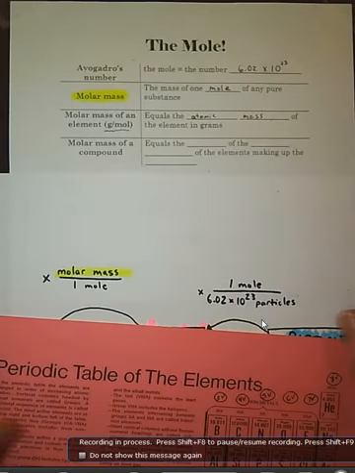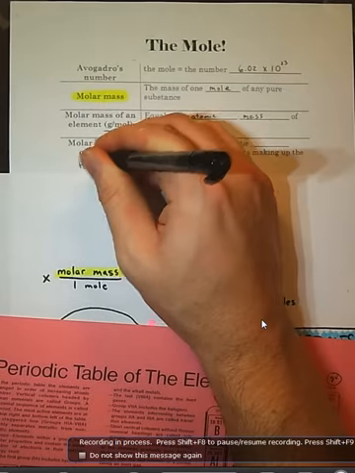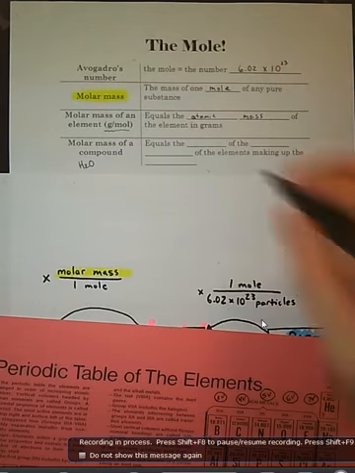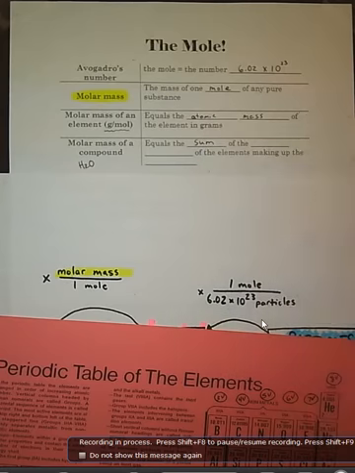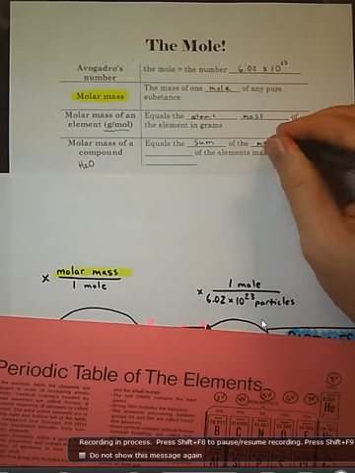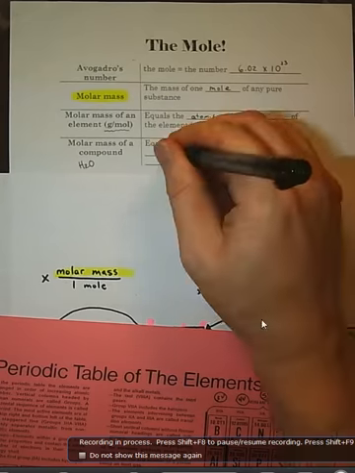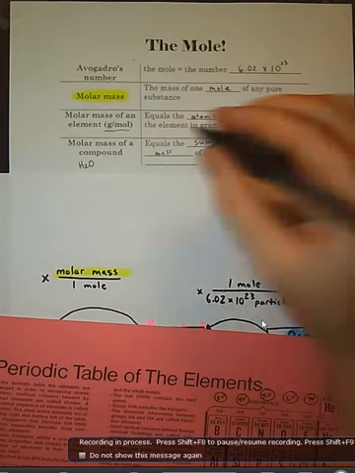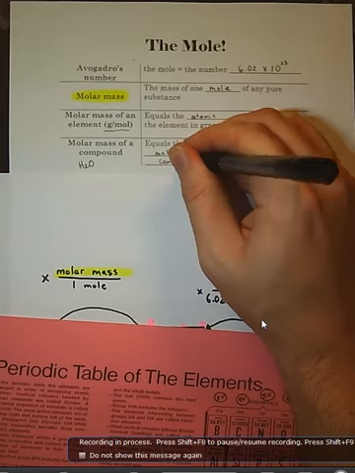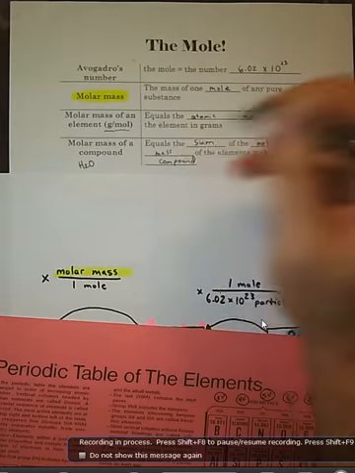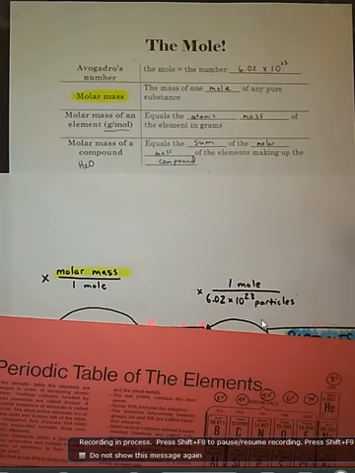If we want to find the molar mass of a compound, like water, H2O, this is going to equal the sum of the molar masses of the elements making up that compound. We've already practiced this. Oxygen is 16.